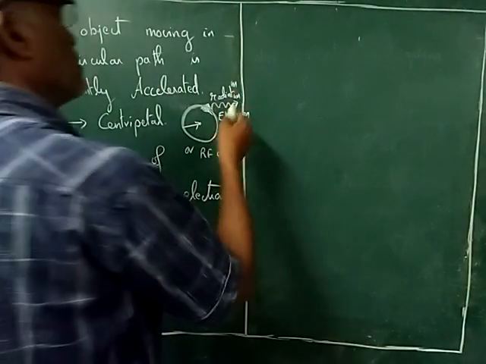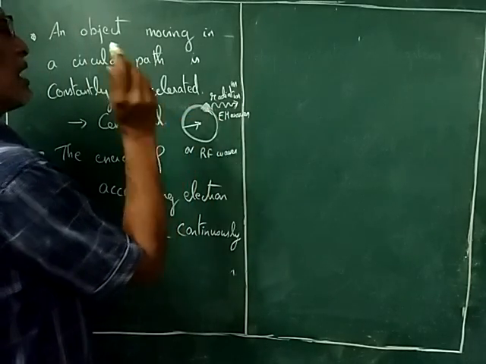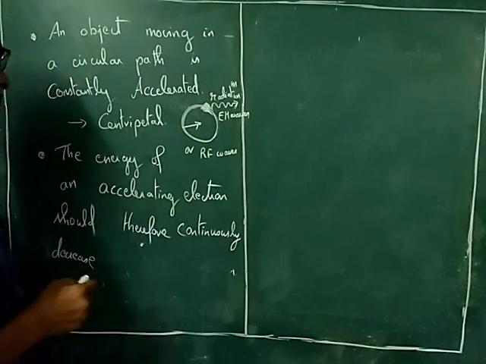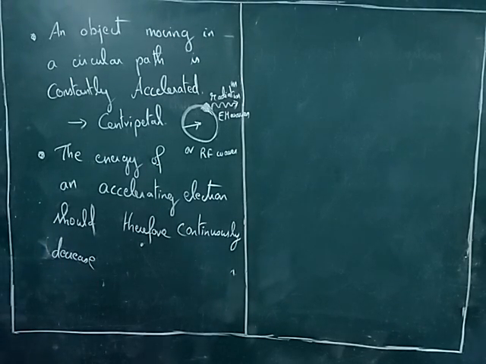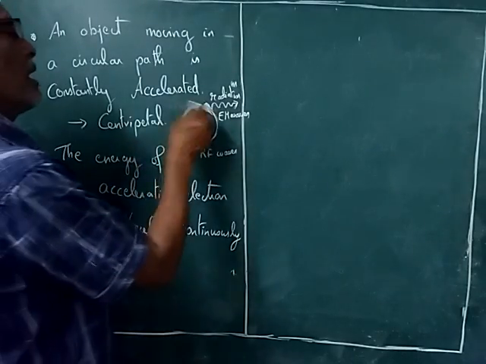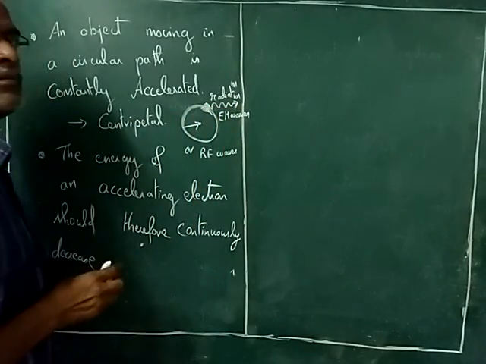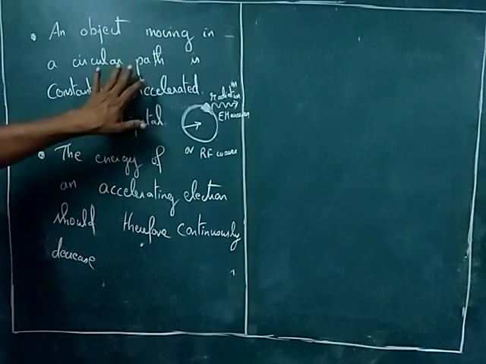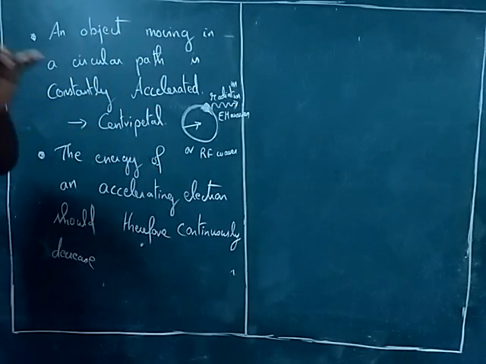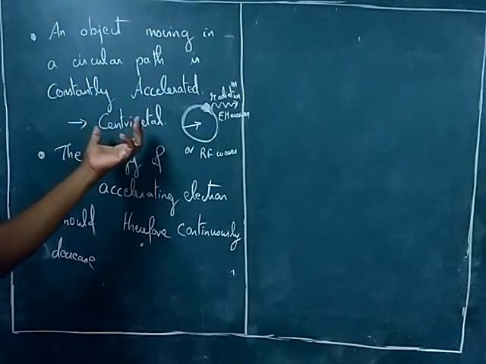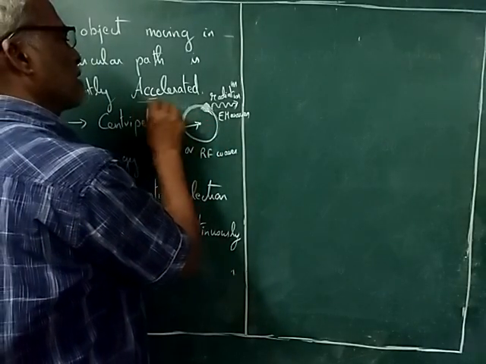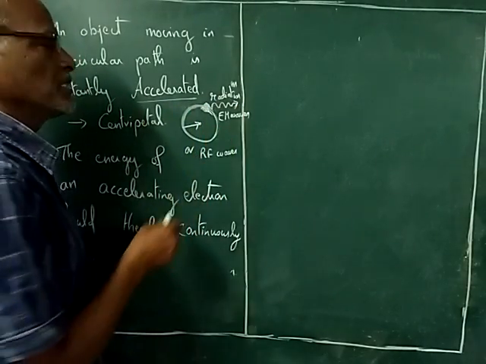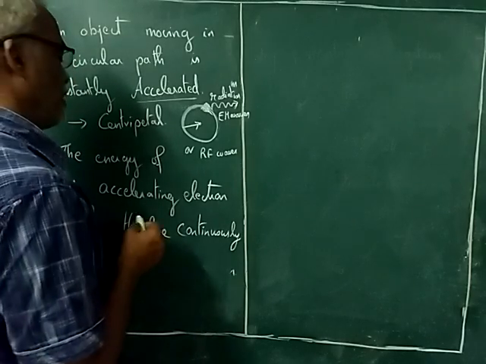Assume this is an electron moving in a circular path, continuously accelerated. Therefore it is giving off energy. An object moving in a circular path is constantly accelerated because we have centripetal acceleration, and because of the acceleration there is a radiation of energy in the form of electromagnetic waves or radio frequency waves.